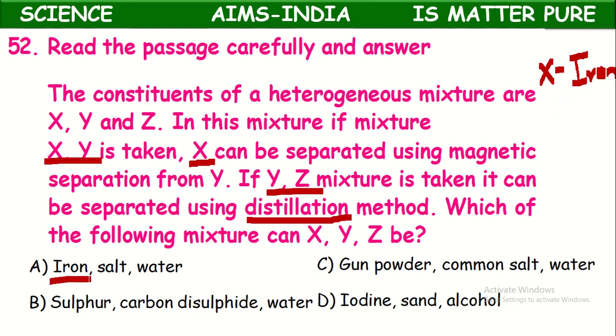So suppose you consider this as X, X is iron, so this can be separated by magnetic separation. And if you see Y and Z as salt and water, these two can be separated by using the distillation process. See, is it possible in any other? No. This is the only correct answer. Okay.